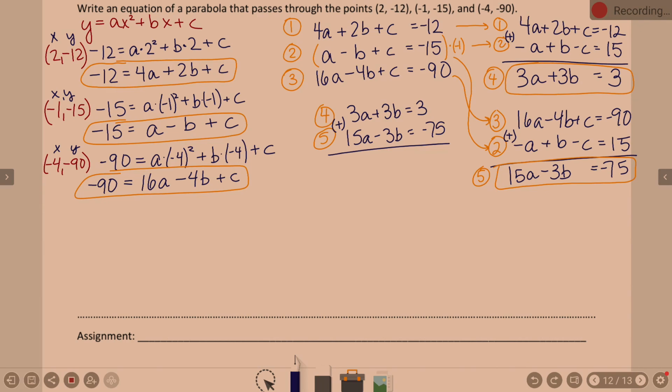So, 3a plus 15a is 18a. 3b and negative 3b cancel. 3 and negative 75 is negative 72. We're going to divide. And Landon's telling me negative 72 divided by 18 should be negative 4.